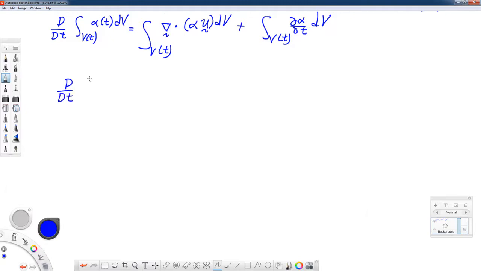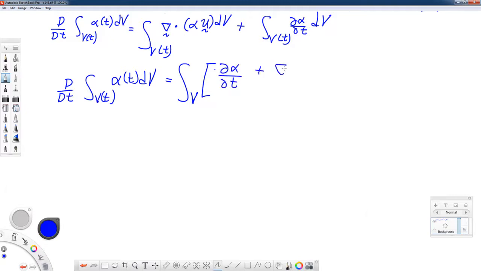D by dt of the integral over v of t of the field variable alpha is equal to a volume integral of, I'm going to lead off with the partial derivative term, partial derivative of alpha with respect to time plus del dot alpha u, dv.